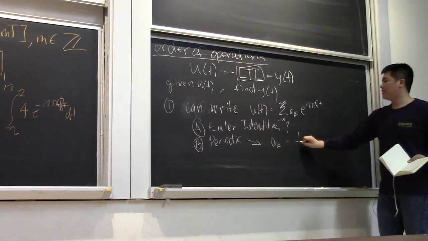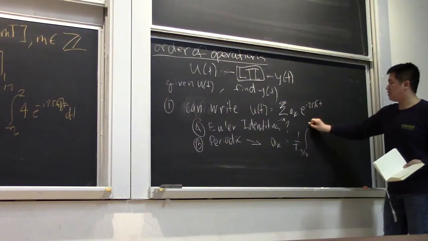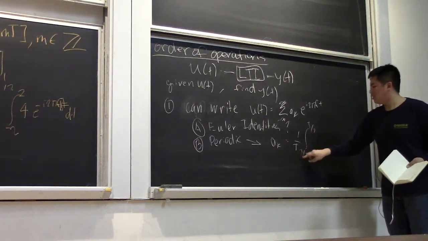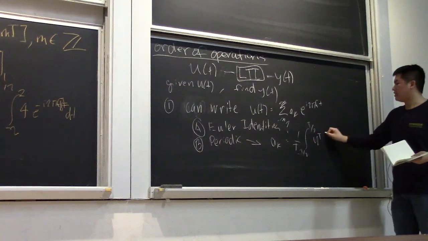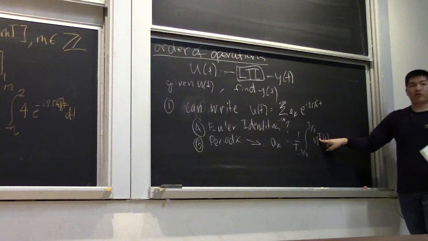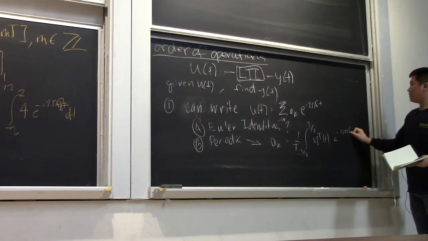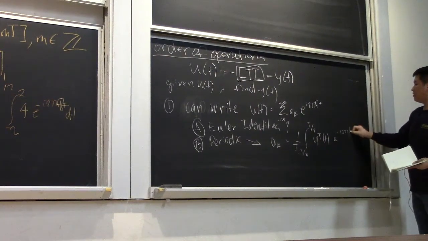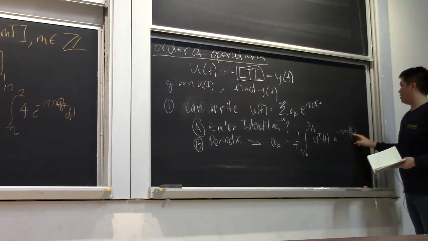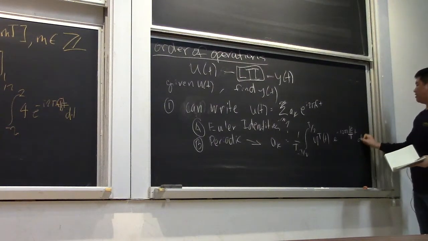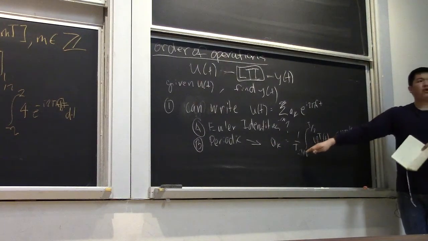That's 1 over T, integral from minus T over 2 to T over 2, or 0 to T, of this periodic signal u of t over the period T, e to the minus i 2 pi f0 t dt, where f0 is 1 over T. So if it's periodic, then find the Fourier series constants.